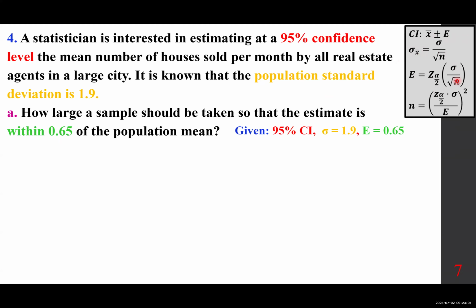And by the way, for this part, how large a sample, they're looking for n. If you square this formula, it becomes E squared equals z squared sigma squared over n. And if you solve this equation for n, this is elementary algebra, it gives you this formula.